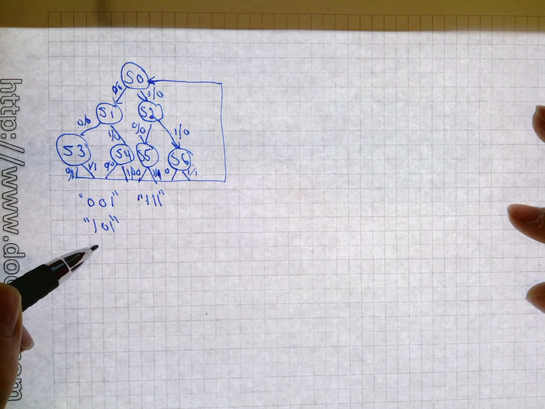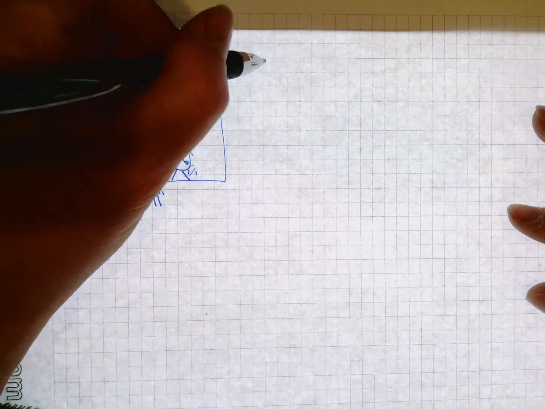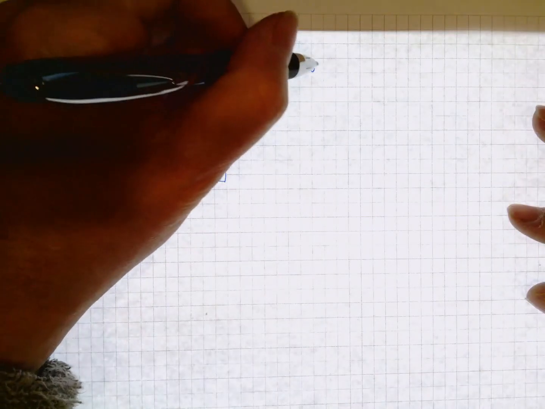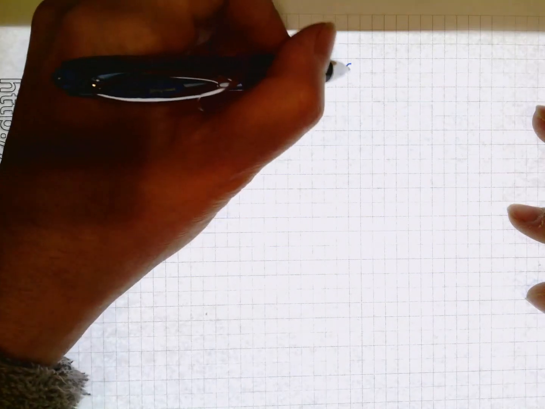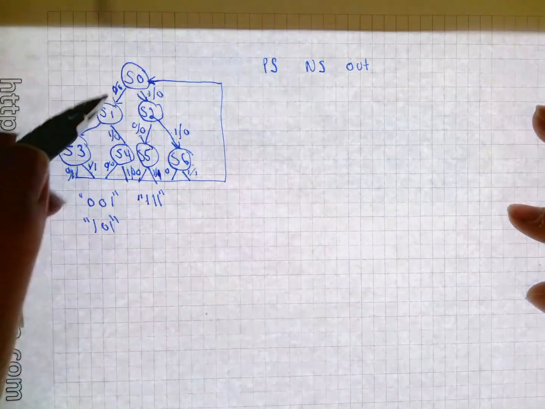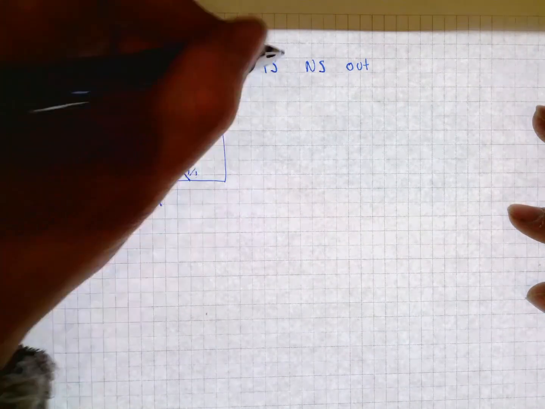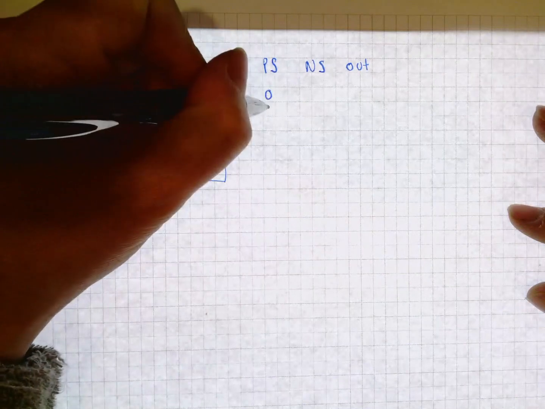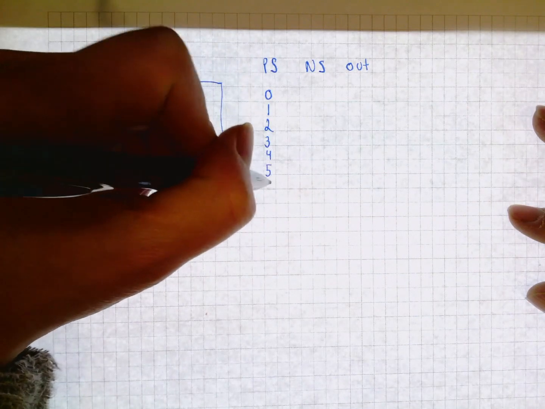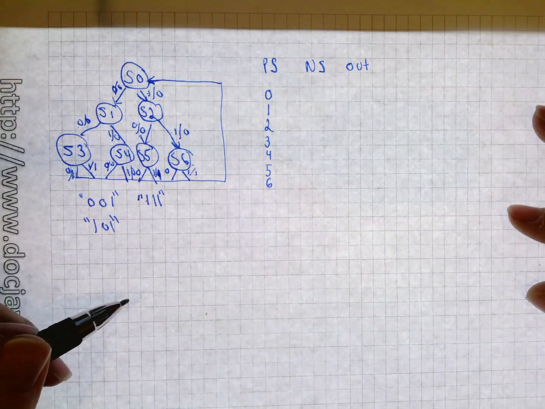What we can do is write a present state, next state diagram with an output. In the present state, we'll have states 0, 1, 2, 3, 4, 5, and 6. I could write an S in front of them, but that doesn't really add anything.